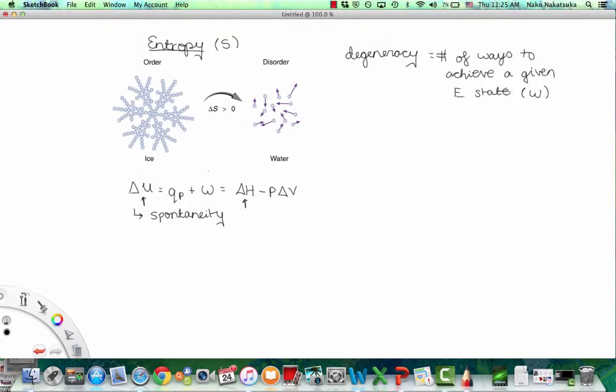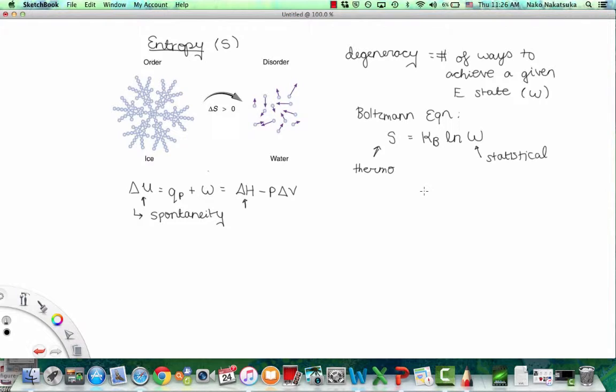So the relationship between this degeneracy, which is the number of ways in which you can achieve a given energy state, and entropy, is given in the Boltzmann equation, which says S, or entropy, is the Boltzmann constant multiplied by the natural log of the degeneracy. So this part is statistical, and this part is a thermodynamic property.